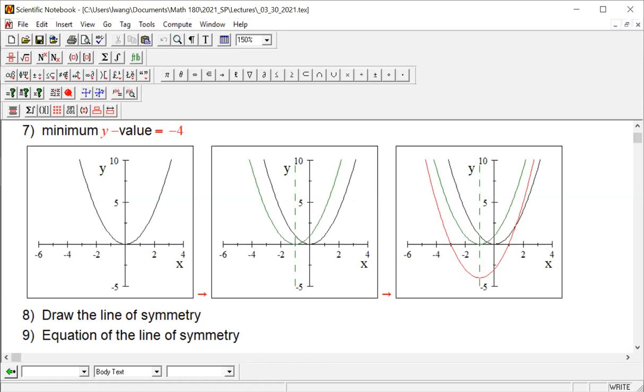Draw the line of symmetry. I believe everybody can draw, right? So you draw this line of symmetry and then you give the equation of the line of symmetry. Let's see if I can see any answers.